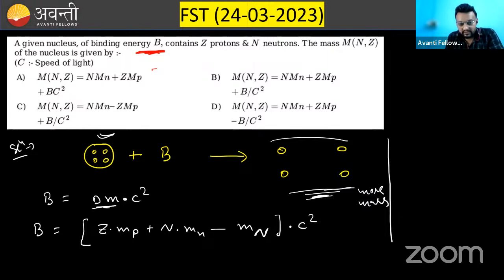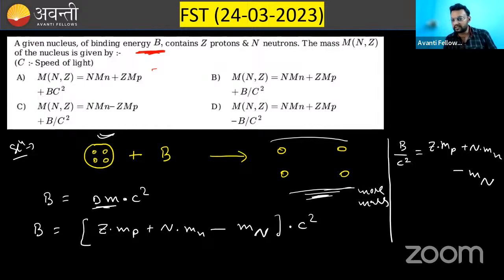So what you can write, B upon C square is equal to ZMP plus NMN minus mass of nucleus. So if you calculate the mass of nucleus from here, you can transfer these things.